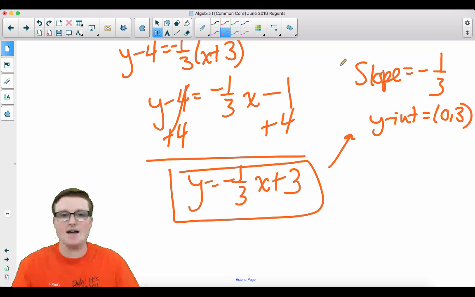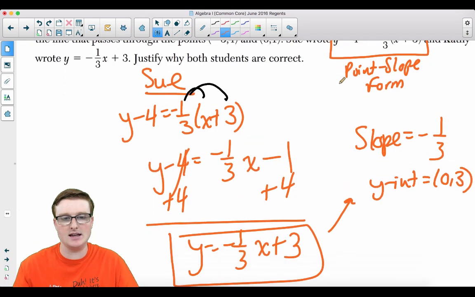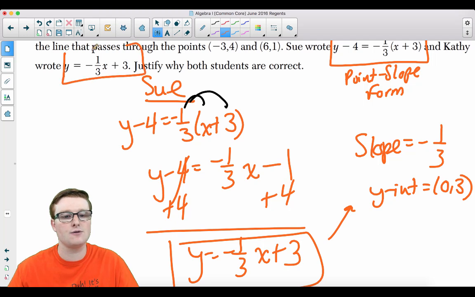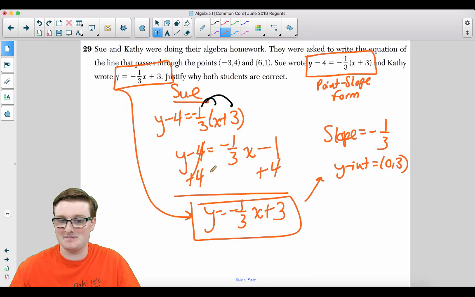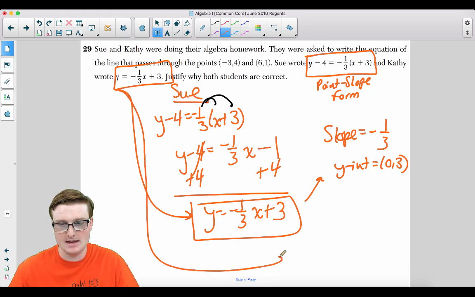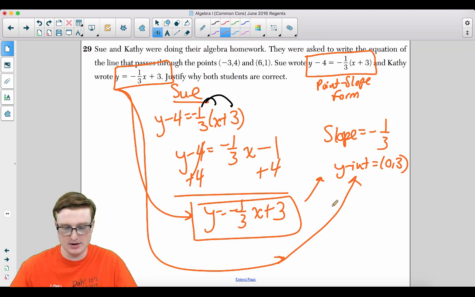Now, if you look at Kathy's function, Kathy said the same. Look at that; it's the same formula, or the same line, same equation. That's it. So great. So this, which is Kathy's function, is the same thing. It's the slope of negative 1/3 and a y-intercept of 3.